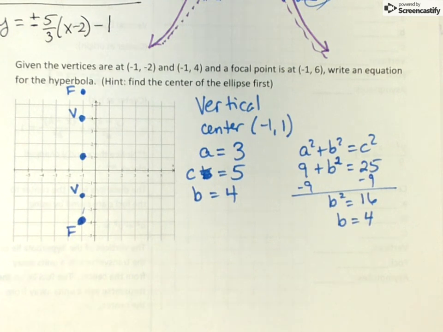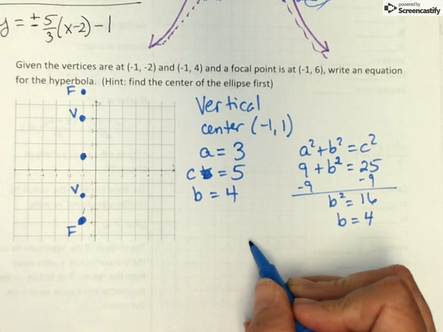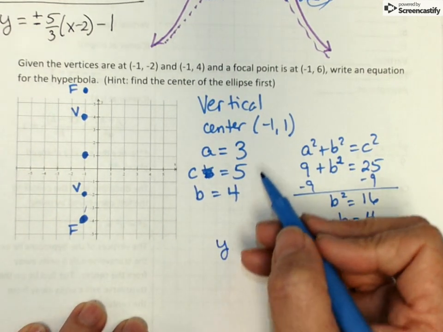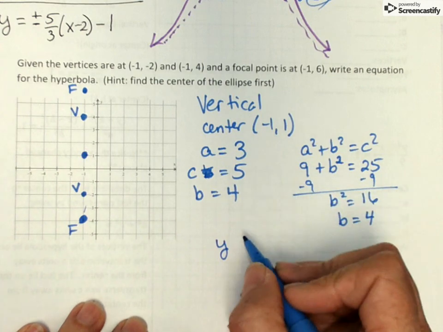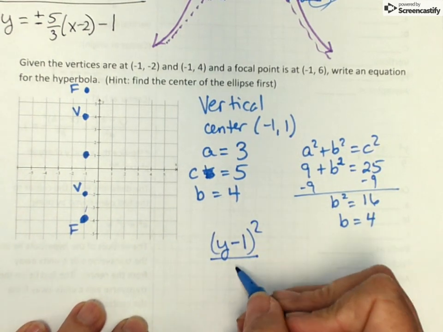But really what it's asking me for is the equation. So the equation for a vertical hyperbola, it means the y value's got to be the one that's positive. So my equation is going to be y minus the y value of the center, so y minus 1 squared divided by a squared.